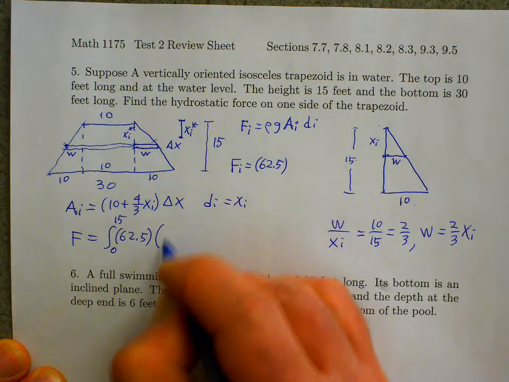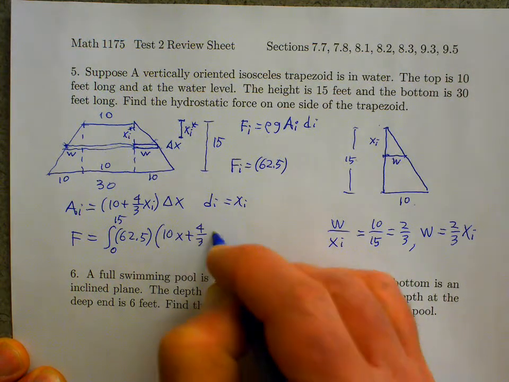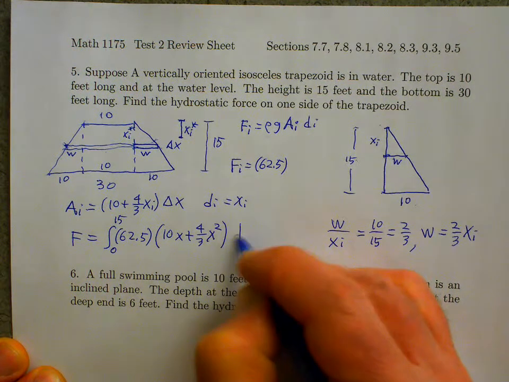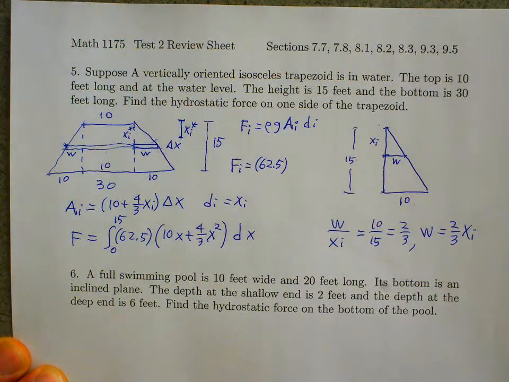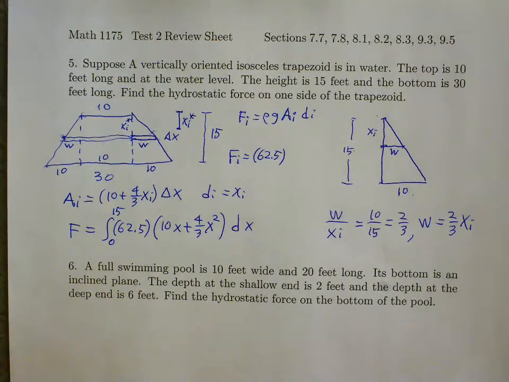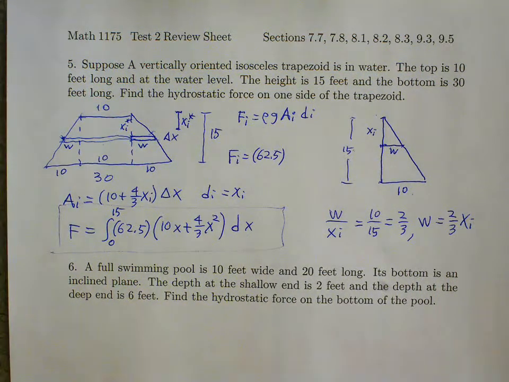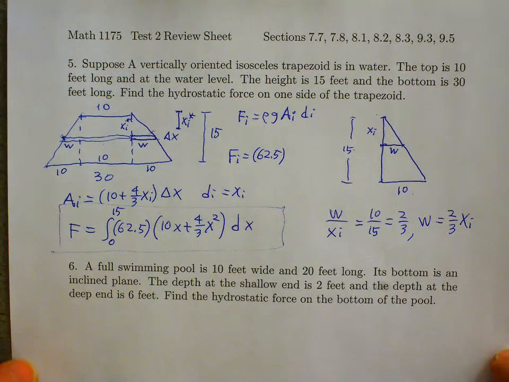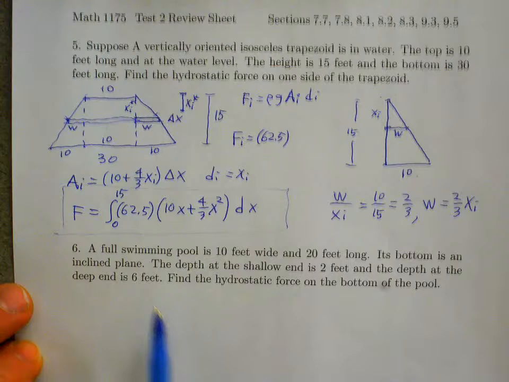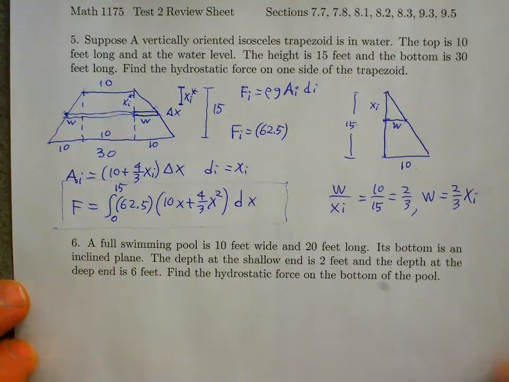So we get 10x plus 4/3 x squared, and then dx. So you can evaluate that integral. For now, let's bypass number 6. If we have time, we can come back to that one.